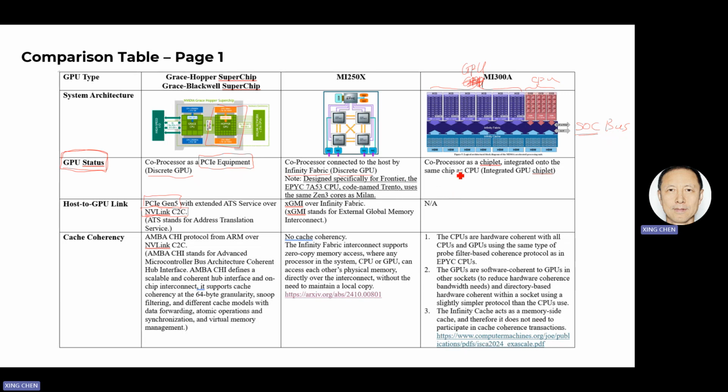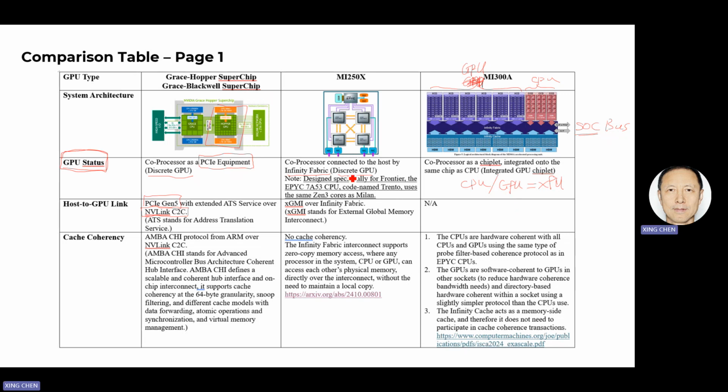It's a coprocessor, but this coprocessor is no more connected by any link to the host. It's directly in the very center of the host. The CPU and the GPU are collectively called XPU. So this is the XPU, that's part of the system.